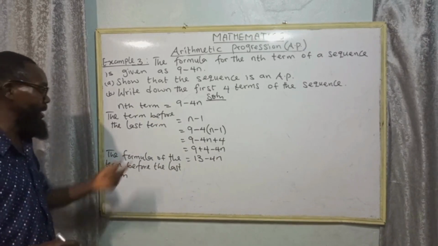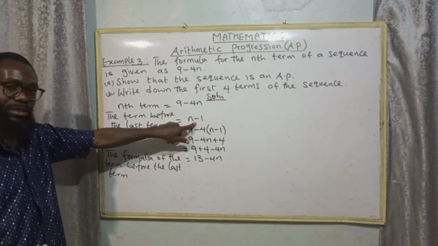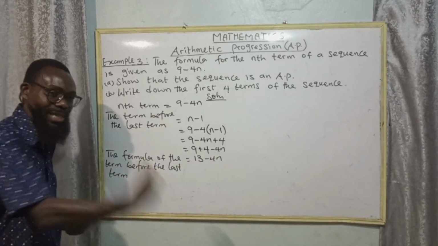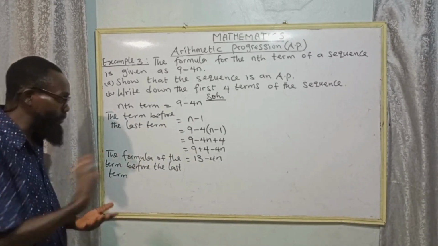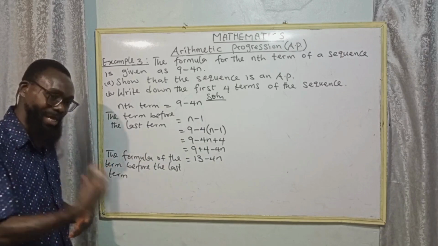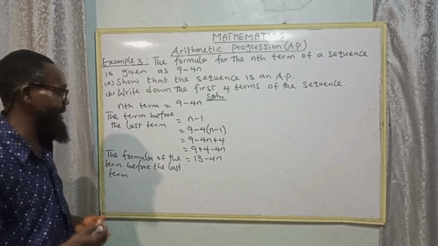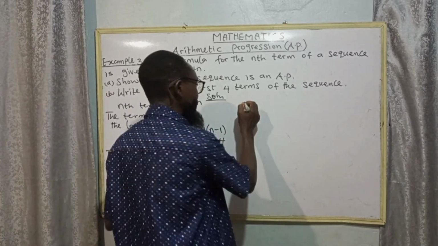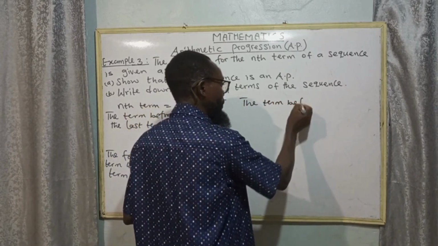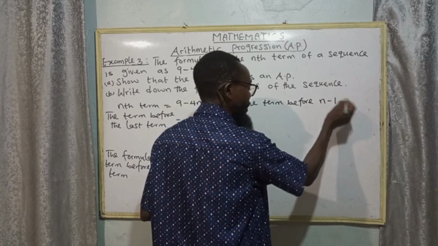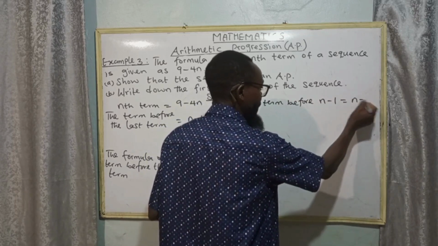And that one is gotten by n minus 1. So a term before the last term will be one less than the number of terms, while the one before n minus 1 is going to be n minus 2.